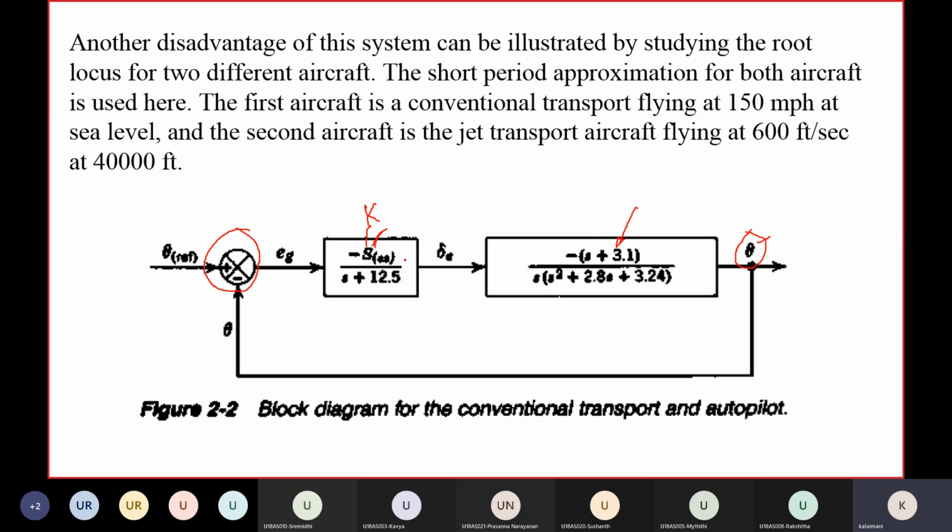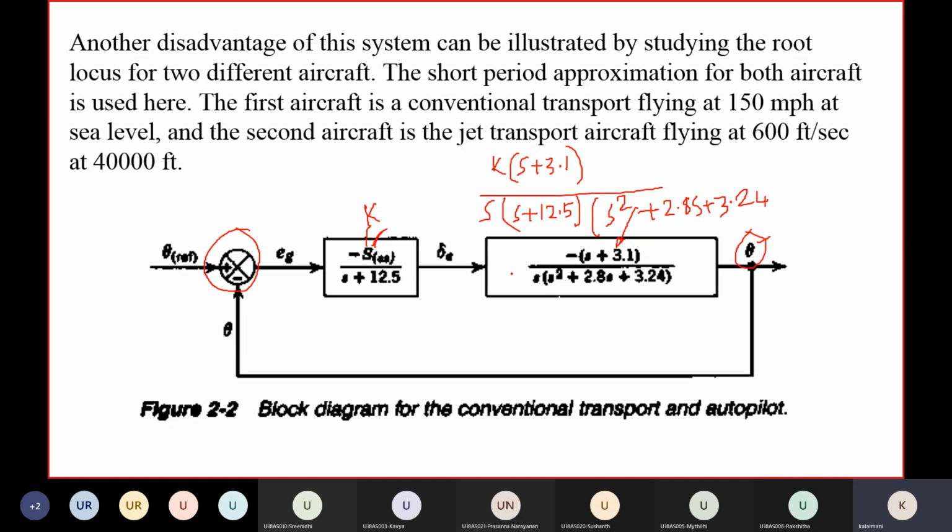Multiplying these, we get the loop transfer function K times (s plus 3.1) divided by s times (s plus 12.5) times (s squared plus 2.8 s plus 3.24).